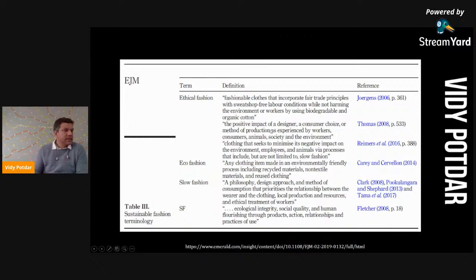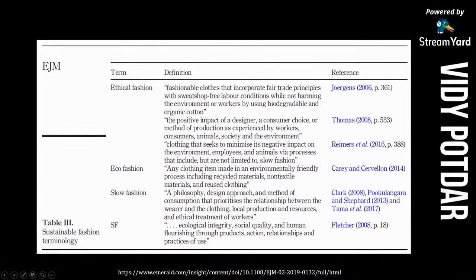Okay, so in this example, they have got some definitions. Definitions of ethical fashion, eco fashion, slow fashion, and sustainable fashion, plus the actual definition and the references.